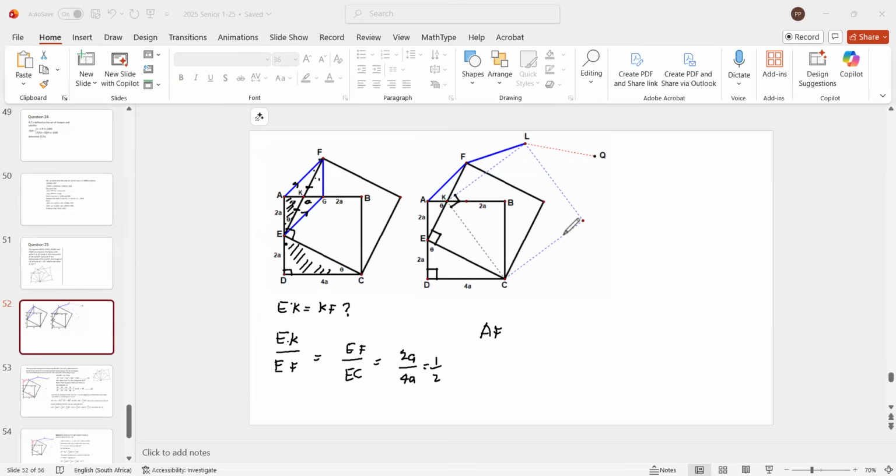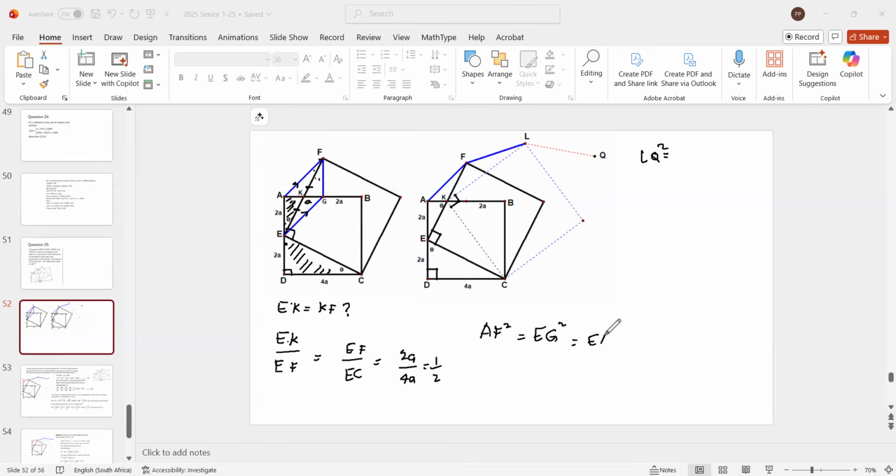So you have that AF. I'm going to calculate AF squared because the question was to find LQ squared. We're still very far away from that. We're going to get to LQ squared. So I'm going to calculate AF squared. So AF squared is equal to EG squared. EG is the hypotenuse of this triangle here, EAG.